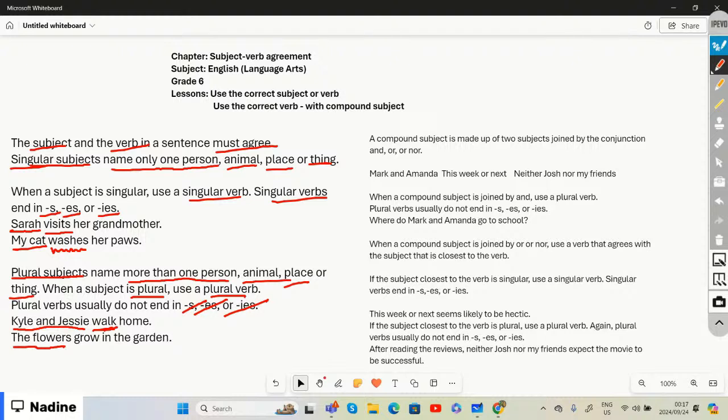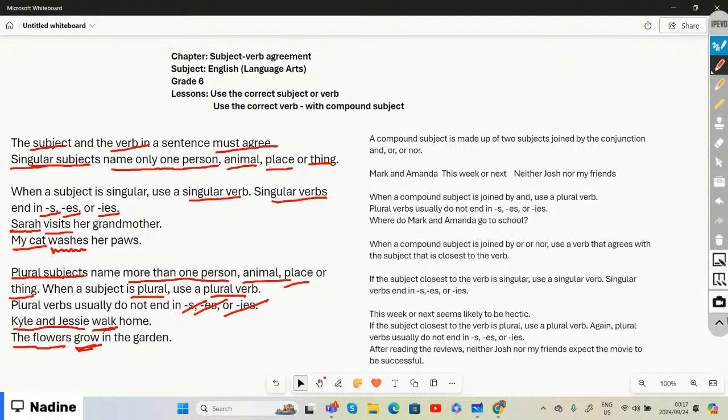So the flowers, we're making mention of more than one flower. So the flowers grow. So as you can see, we don't say the flower grows. We only say the flowers grow in the garden because if more than one person, more than one animal, more than one place, or more than one thing does an action, we do not add an S, we do not add an ES, or we do not add an IES.